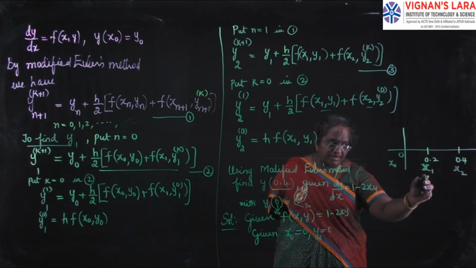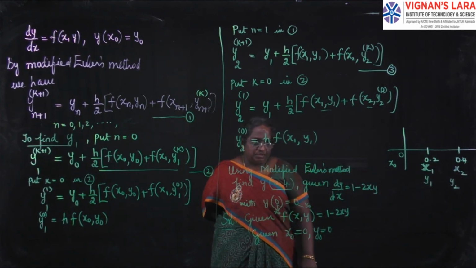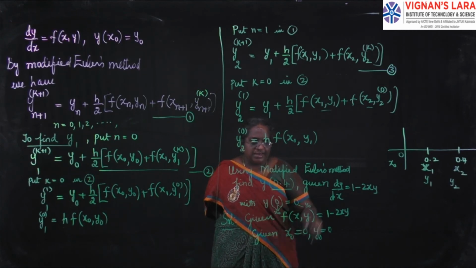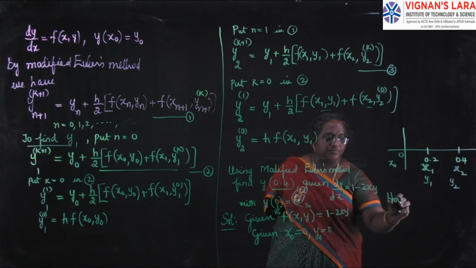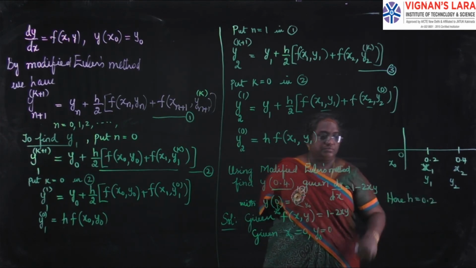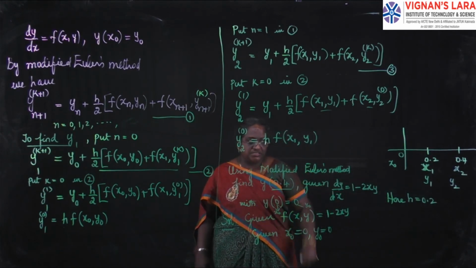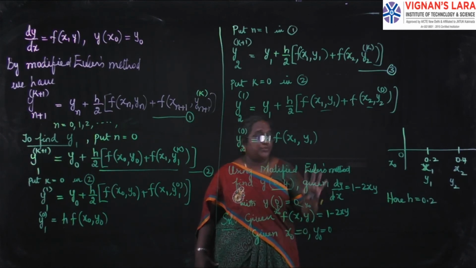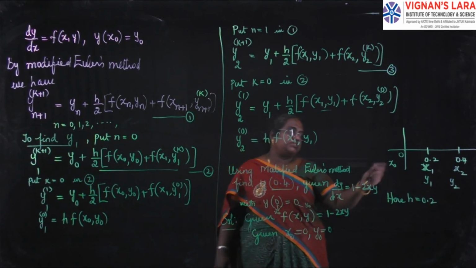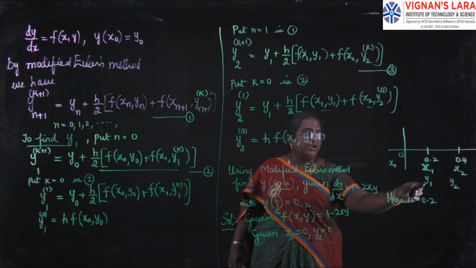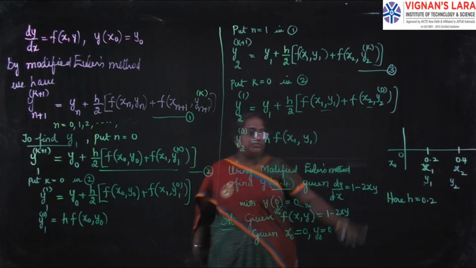Correspondingly, we calculate y1, y2. h is the difference between 0.2 and 0, so here h is equal to 0.2. I am giving you the solution by taking h as 0.2. You can even take h as 0.4 also. Since it is not mentioned here, I am taking h as 0.2, which means I have to find y1 and y2, applying this set of formulae to this problem.